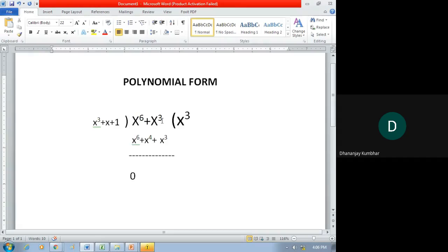Now x raised to 3 and x raised to 3, that will become 0. And what will be left is only x raised to 4. So this value now becomes 0 plus x raised to 4.